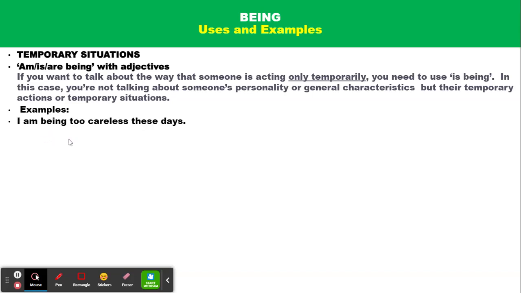Let's look at examples. I am being too careless this day. Being too careless. So you are using being with an adjective, an adjectival phrase. The convict is being taken to the prison.